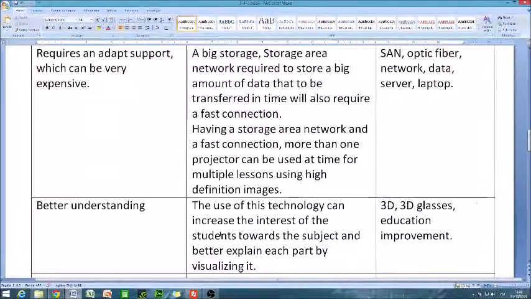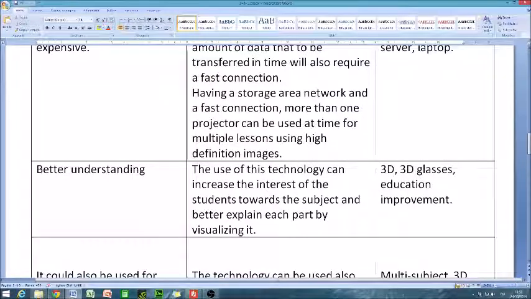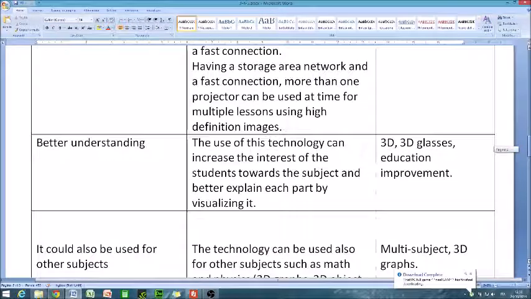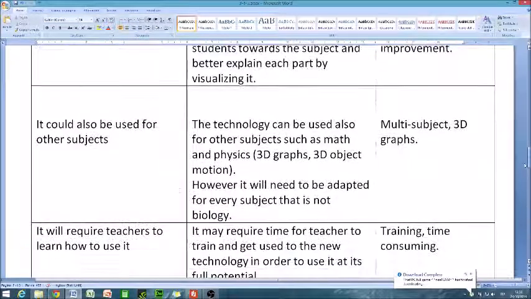My second point is that this technology gives a better understanding of the subject to the student, and it also can increase the interest of the student towards the subject and better explain each part by visualizing it. Some keywords that we will use in this point will be 3D, 3D glasses, and education improvement. It could also be used for other subjects.